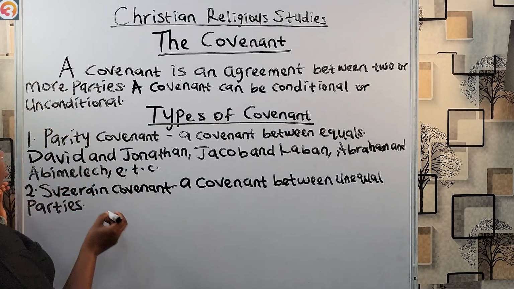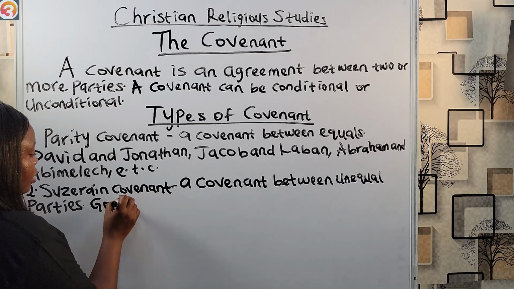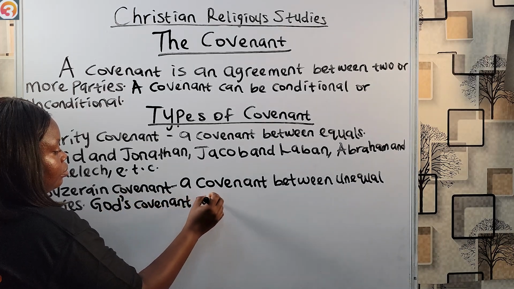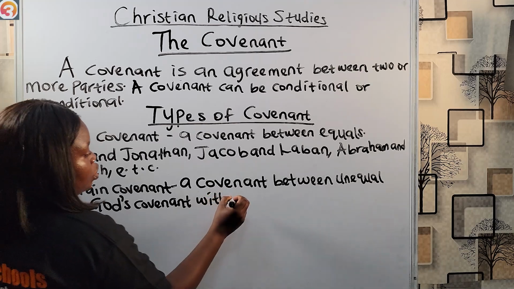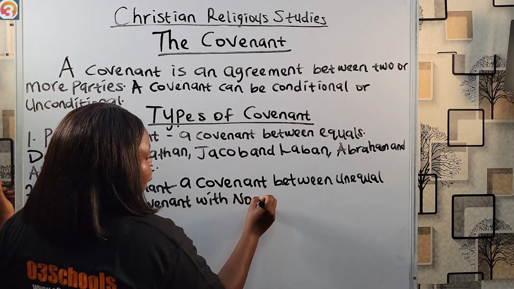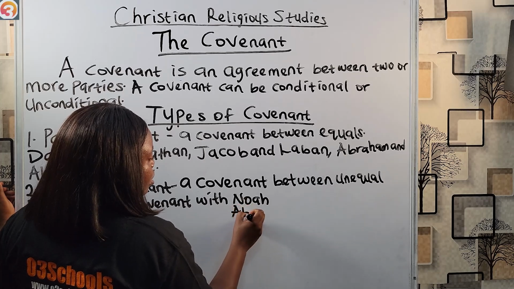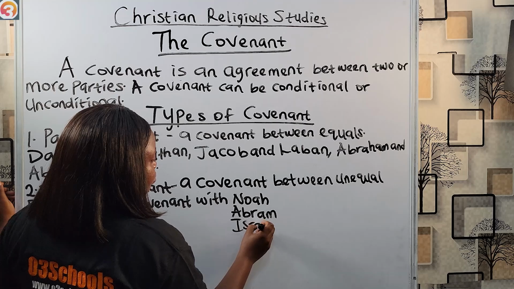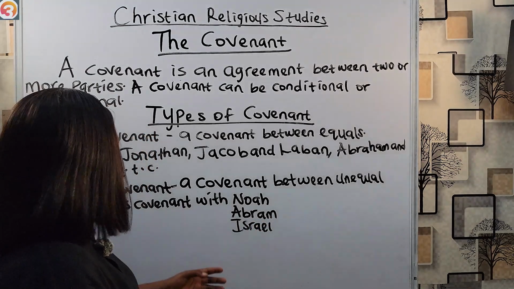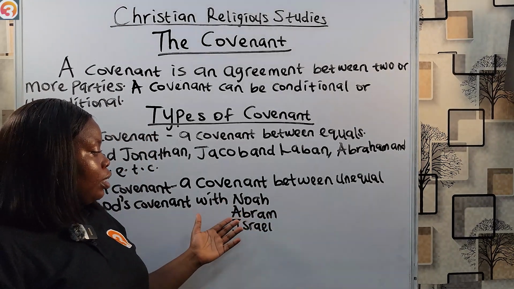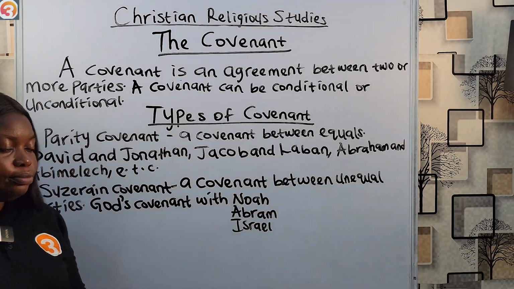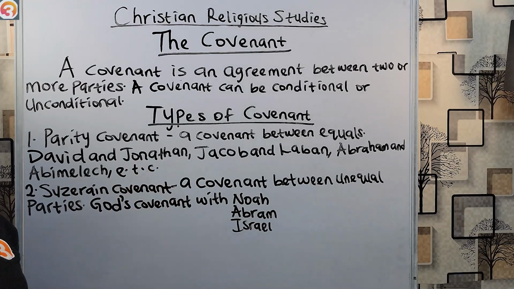So we're going to be looking at God's covenant with Noah, God's covenant with Abraham, God's covenant with Israel, the old and the new covenant. That's what we are going to be focusing on.